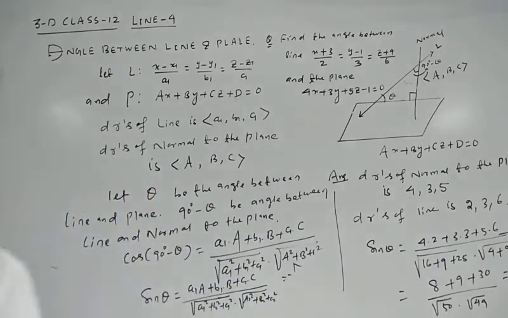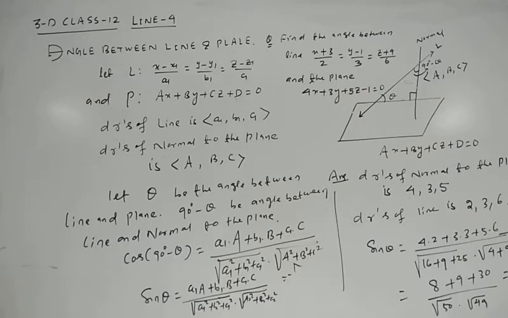Okay, so clearly if it is in the Cartesian form, then you can find easily the angle between the line and the plane. Next, we find the angle between line and the plane, but both are in vector form. In vector form, first you have to convert into Cartesian form, or you can write directly the direction ratio of line and normal, then you find the angle.